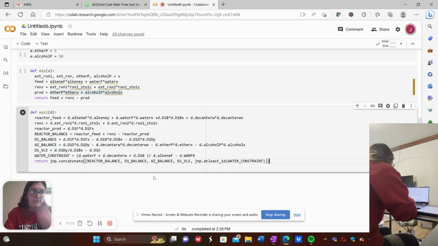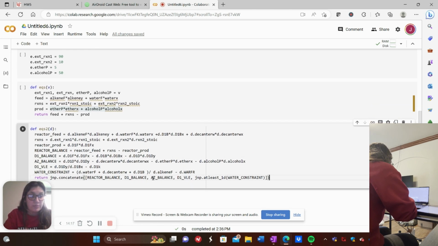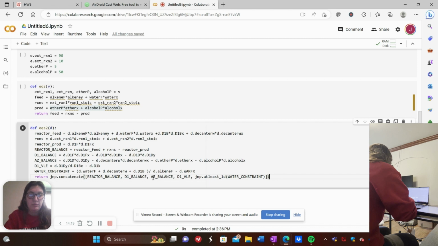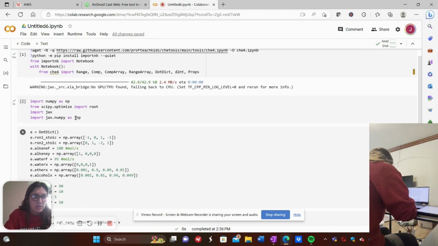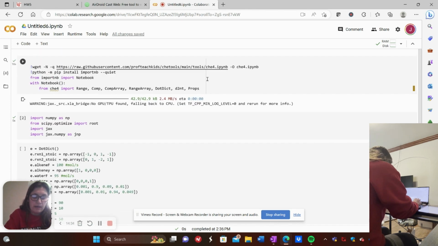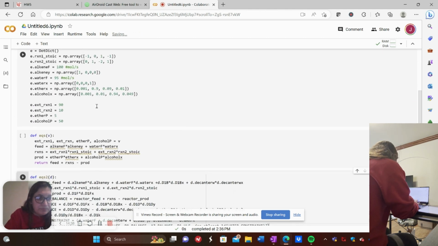Okay, so now that we have our function, we're going to work backwards a little bit and figure out what we need to specify and what is known. So first we have here what our initial guesses were for part B, but now that we have a dictionary, we're going to pull on some of the functions that we have here from our GitHub.